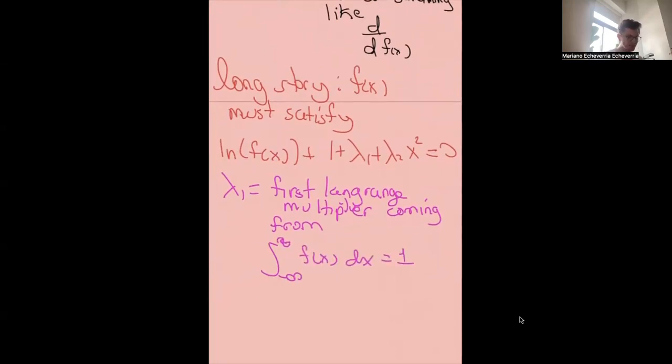And lambda 2 is the second Lagrange multiplier, coming from the fact that the variance is known, the second constraint.